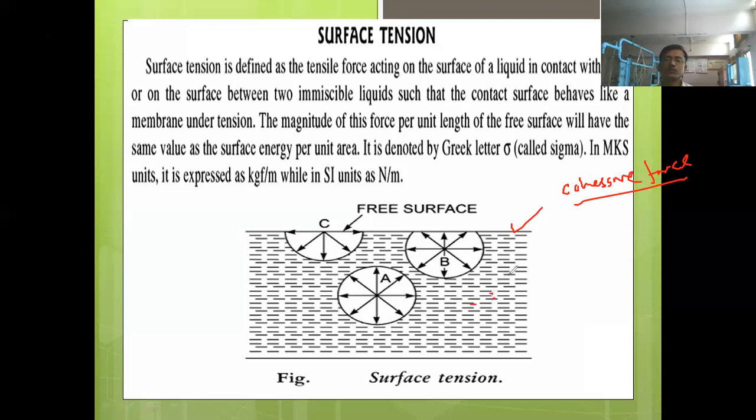Suppose this is water, and there is air above the surface. Now, if you consider one molecule of water present over here, what is going to happen?